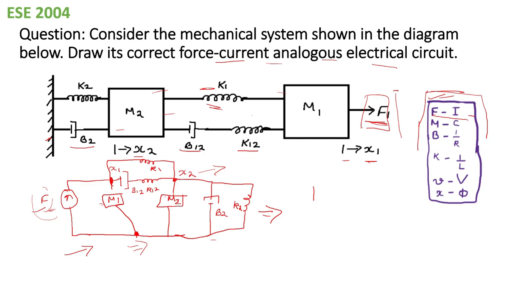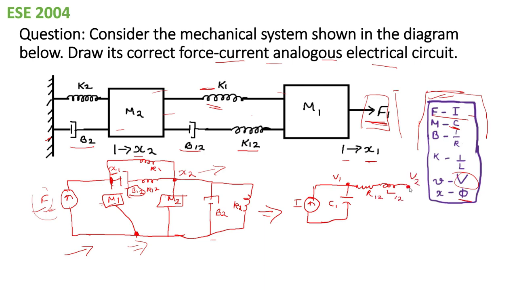Therefore we can write this as, here current is flowing I, and what is M? M is a capacitor in this case, therefore we will draw a capacitor here. So this is your C1, and x1 becomes phi1, or you can also say V1. Then B becomes 1 upon R, so we can write here R, and then K becomes an inductor. So this is your inductor, R12 and L12.